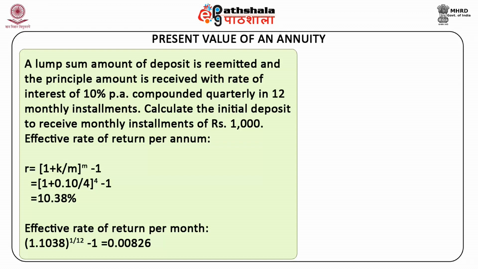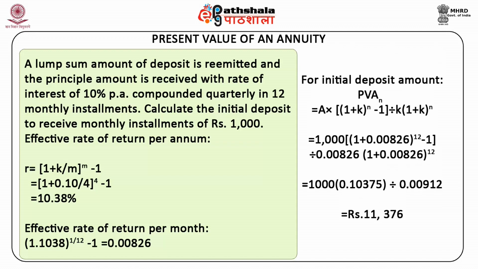The effective rate of return per month: take 1.1038, take the 12th root and subtract 1 from that. This gives you a rate of return of 0.00826, or we can say the effective rate of return per month is 0.826%.